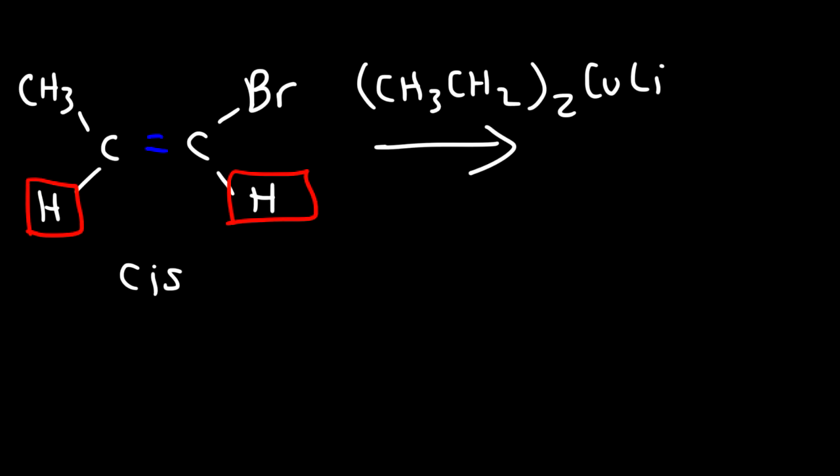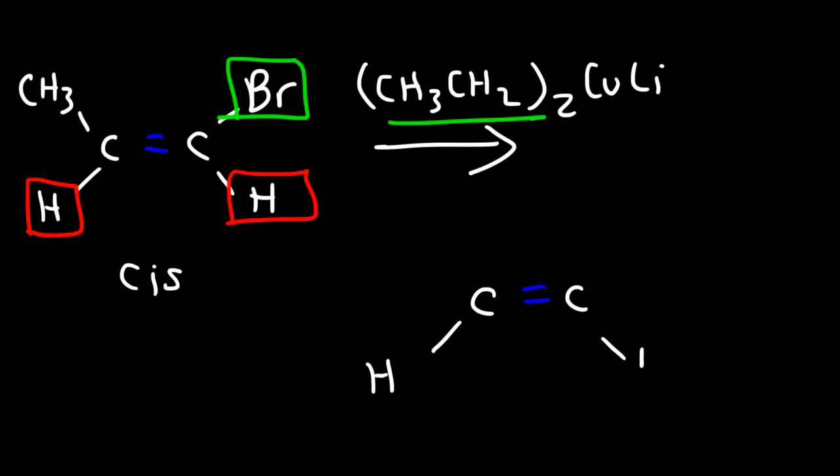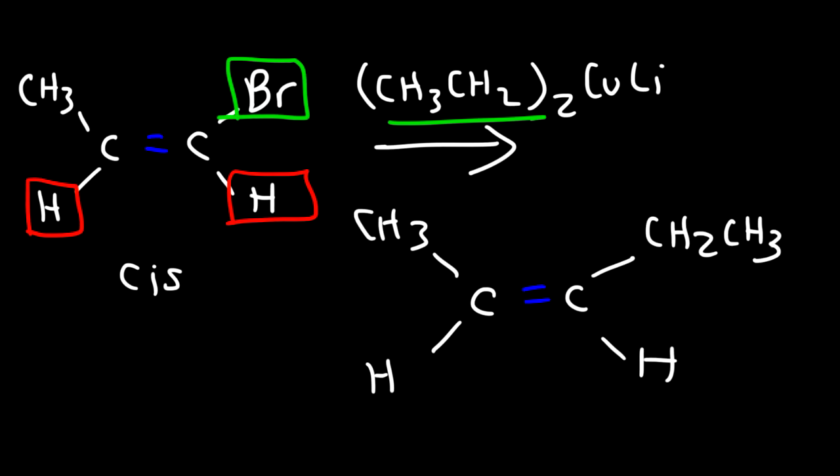So all we need to do is replace the bromine atom with the R group. And so the two hydrogen atoms will still be cis with respect to each other at the end of this reaction. And so this is a stereospecific reaction. If we started with the cis isomer, we're going to end with the cis isomer.